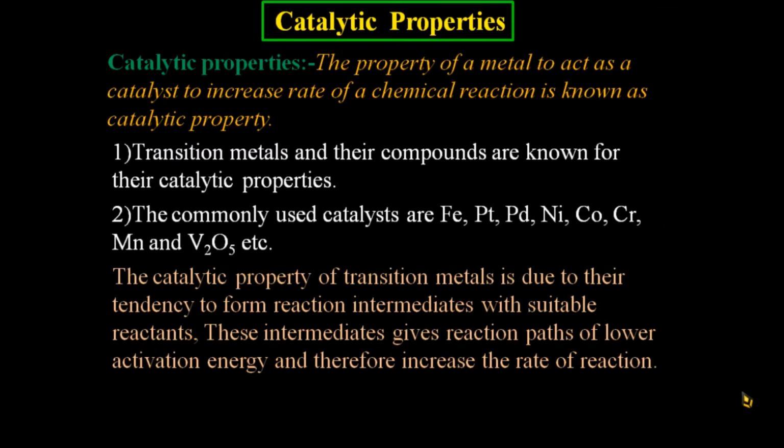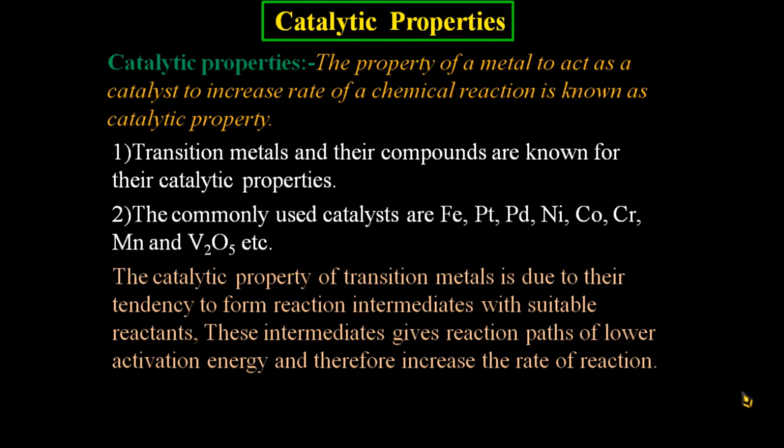When we use a catalyst in a reaction, the rate of reaction increases, because that is the role of a catalyst. It increases the rate of reaction without being consumed or taking part in the chemical reaction. That is the main role, and for that purpose catalysts are used in chemical reactions. Then what is the role of the catalyst?